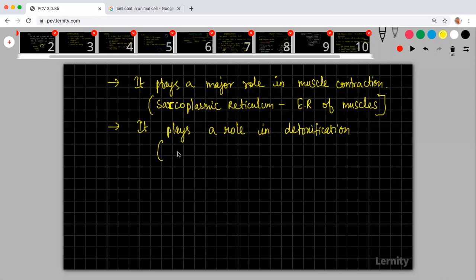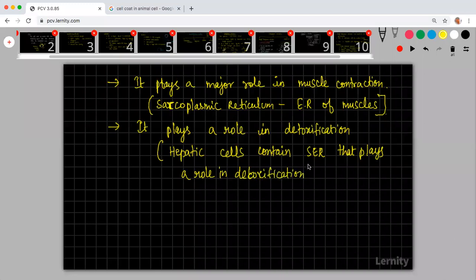Please understand that the liver cells are called hepatic cells. The hepatic cells contain smooth endoplasmic reticulum that plays a role in detoxification.